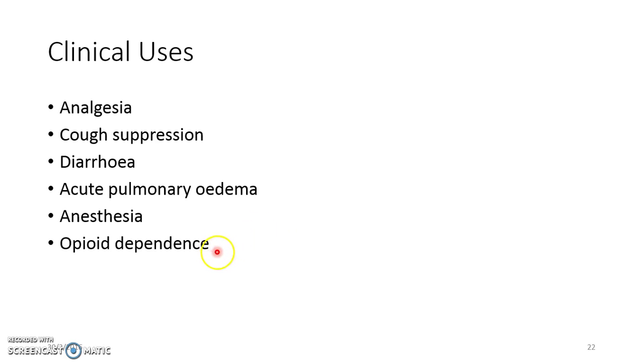And opioids are also used for opioid dependence. Methadone, one of the longer-acting opioids, is used in the management of opioid withdrawal states and also in maintenance programs for addicts.